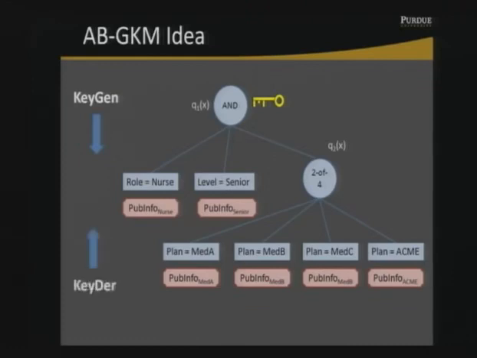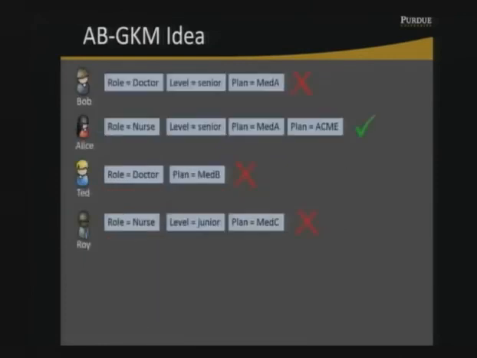So when the key derivation is done, it's done in the reverse order. Users need to discover intermediate values using their attribute values. If they can come up to the root node, they can derive the group key. So that's the high-level idea of it.